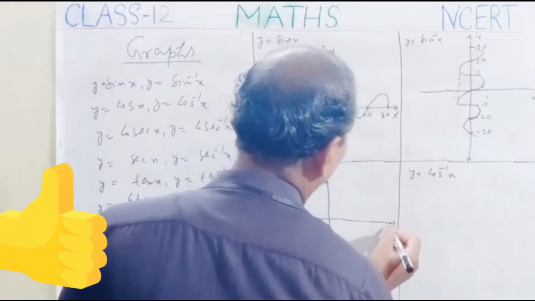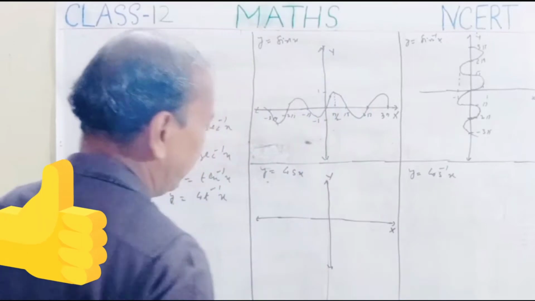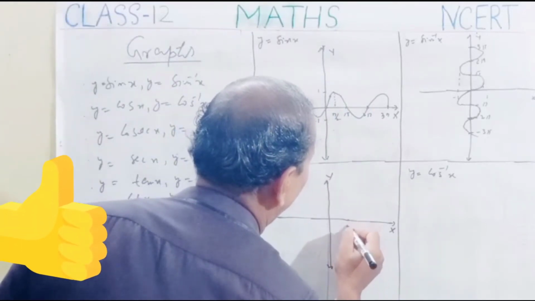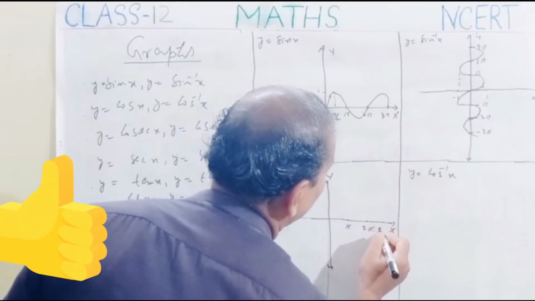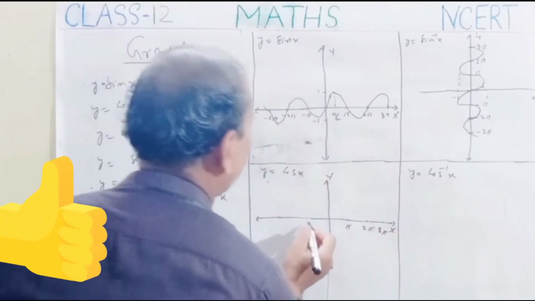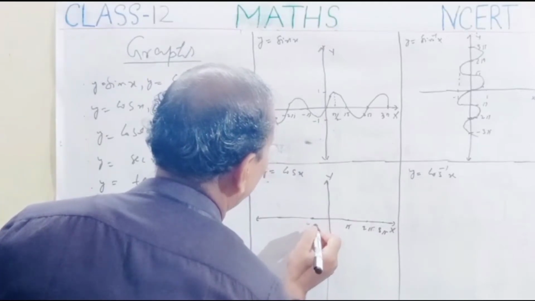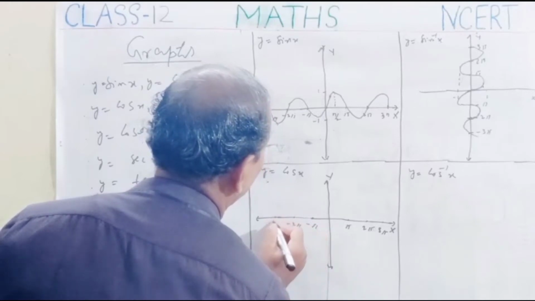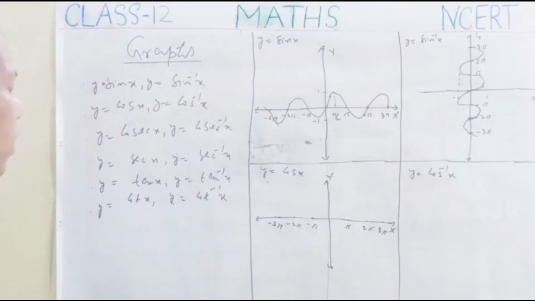So let's suppose this is coordinate x, this is coordinate y, and at this point this is your pi, this point is 2 pi, and here it is 3 pi. Similarly, at this point this is minus pi, this point is minus 2 pi, and here it is minus 3 pi. And I want to draw the graph of this one.